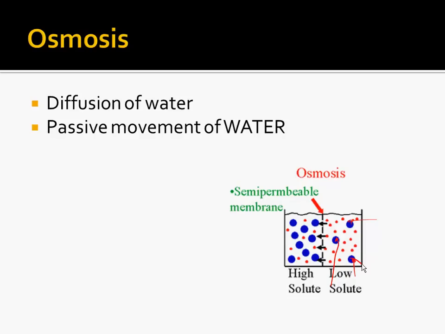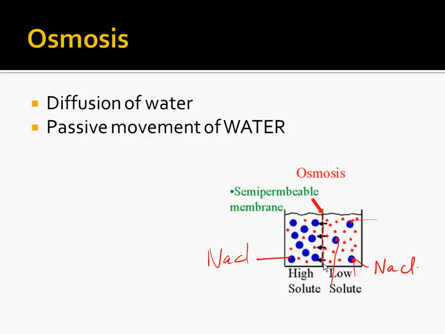So say the blue dots are salt, NaCl. In this case, there's high solute, so this is very salty. This is a higher concentration of salt. However, we're not talking about the movement of the salt. In a semi-permeable membrane, the membrane might be impermeable to salt.